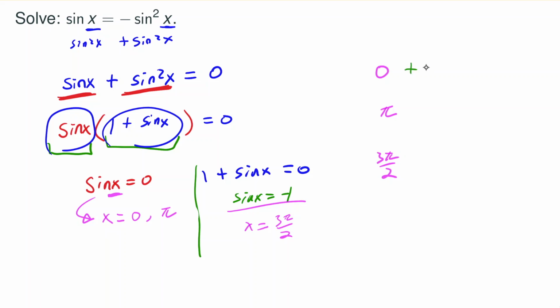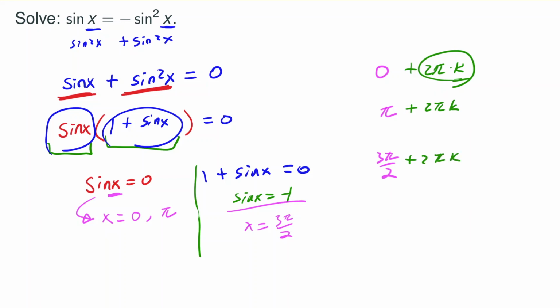So we can add 2 pi times k. K is just an integer, like 0, 1, 2, 3, -1, -2, -3. So essentially we're adding or subtracting any number of full rotations. Here also add 2 pi k, add 2 pi k.